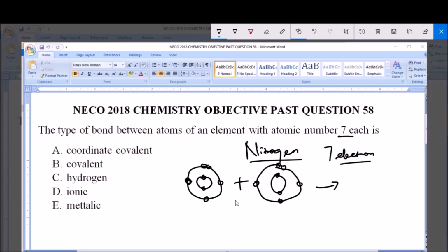Now these 3 unpaired electrons of this atom will share with the unpaired electrons of the other to give paired electrons, so that their configuration can be stable.